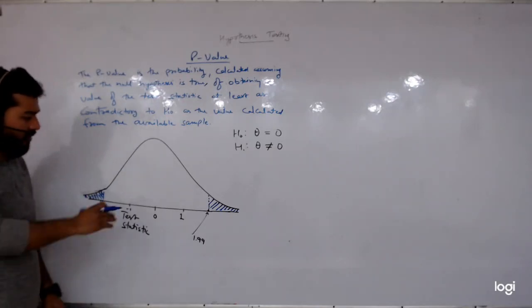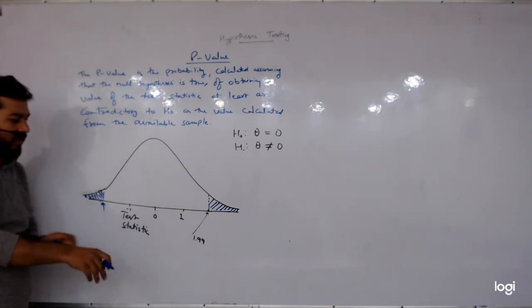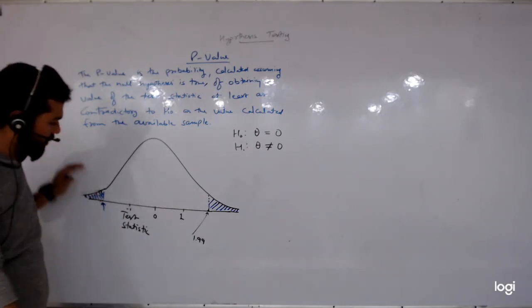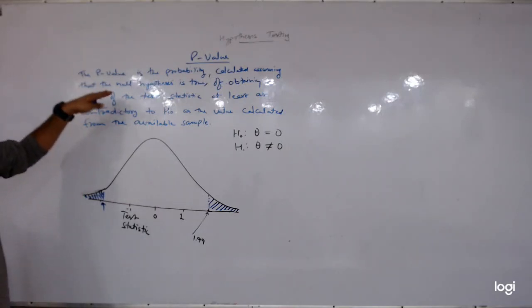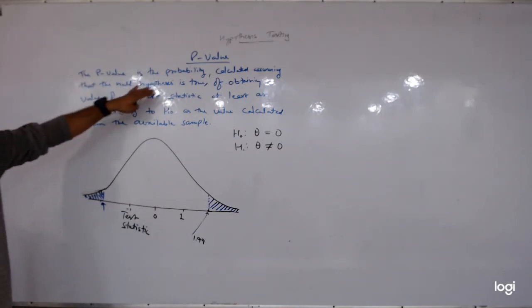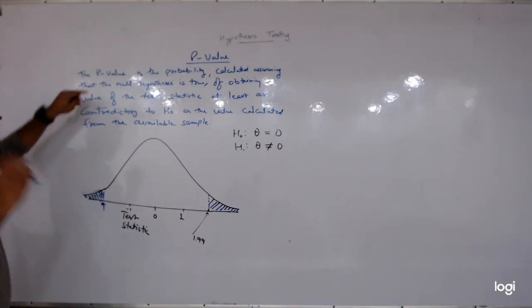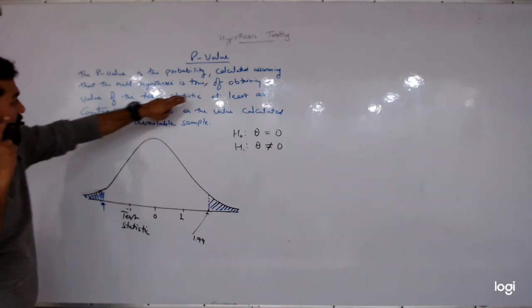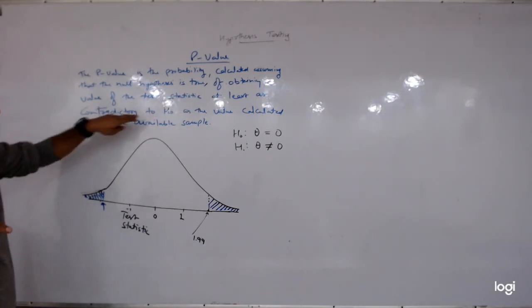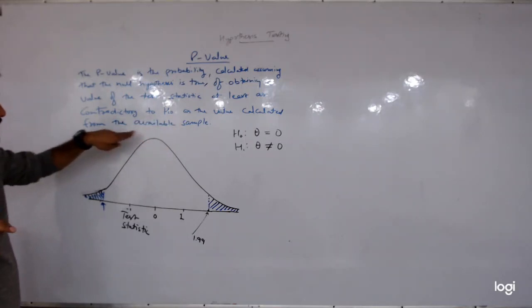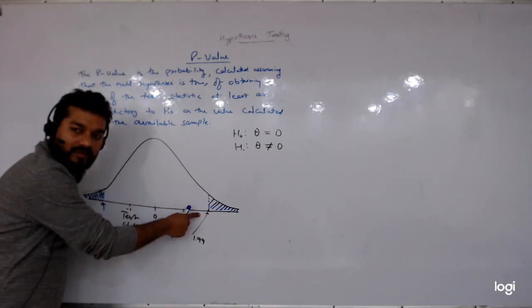Okay, so we're still doing a two-tailed analysis because our alternative hypothesis is such. Now let's read this out. The p-value is the probability calculated assuming the null hypothesis is true. So this distribution is drawn assuming the null hypothesis is true. We're going to calculate the probability of obtaining a value of the test statistic at least as contradictory to H0 as the value calculated from the available sample.